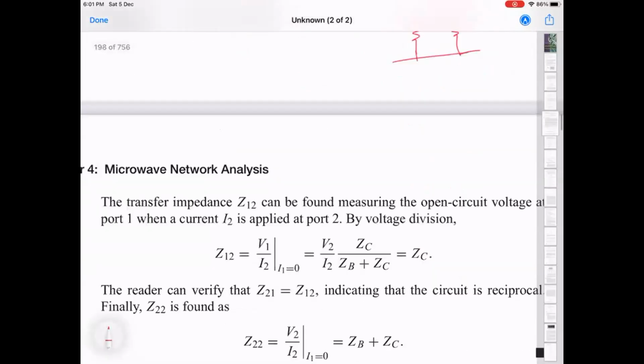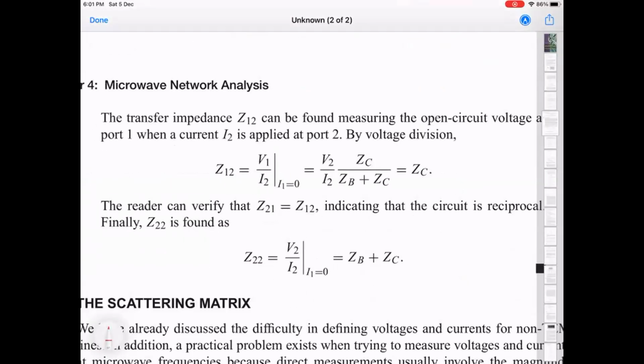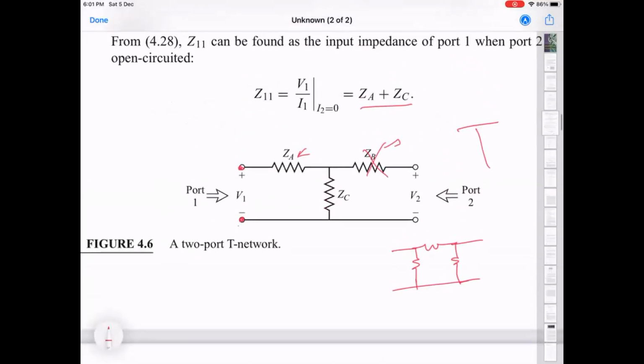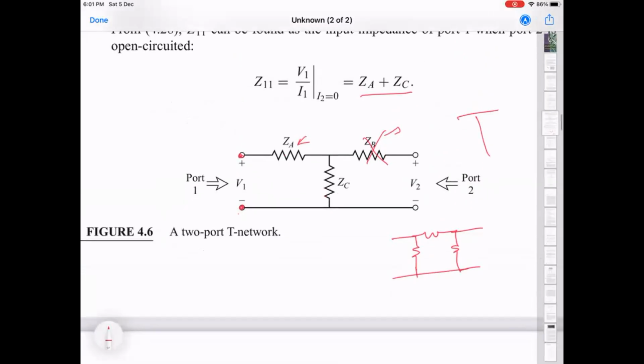If you do the calculation, you get that that number is equal to ZC. So it's not necessary that each impedance matrix element will be uniquely connected to an impedance in that network. It doesn't work like that. For this case, Z12 is just given by one of the impedances, but Z11 and Z22 are related to a sum of two impedances. So this is again something to keep in mind. It's not a one-to-one mapping like this.